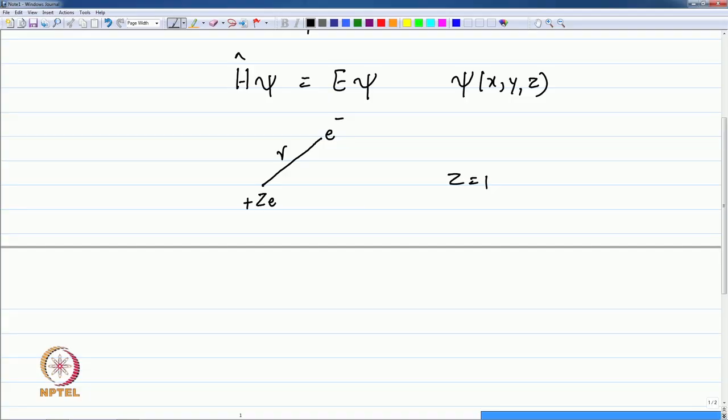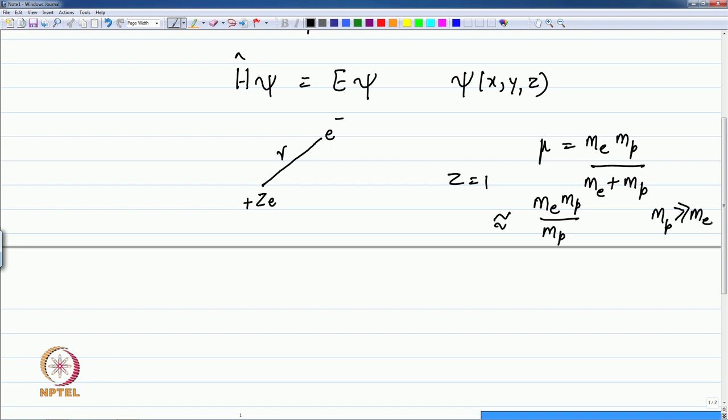The two-body problem, and then remove the center of mass from the two-body problem and study only the relative motion of the two-particle system, which in this case the reduced mass for the two-particle system is the mass of the electron times the mass of the proton divided by the mass of the electron plus that of the proton, which is approximately the mass of the electron times the mass of the proton divided by the mass of the proton, since MP is much greater than ME, and therefore mu turns out to be approximately ME when you cancel the MP.